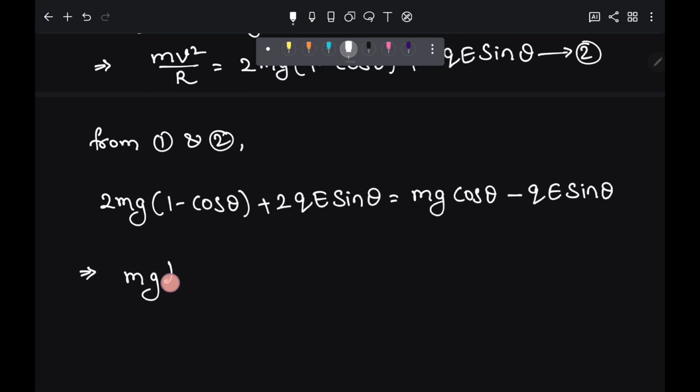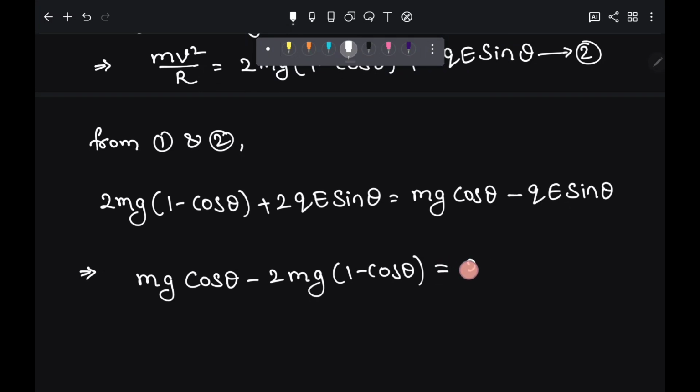So mg cos theta minus 2mg into 1 minus cos theta equals 2qE sin theta plus qE sin theta.